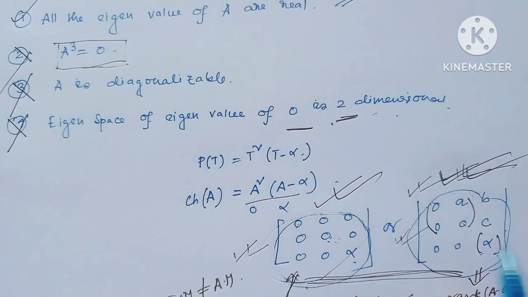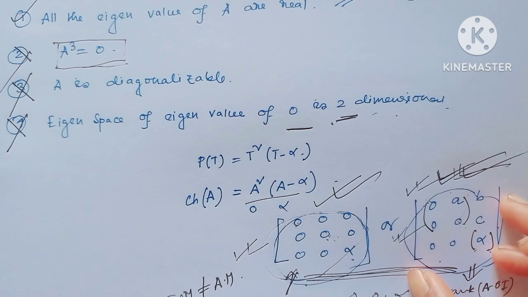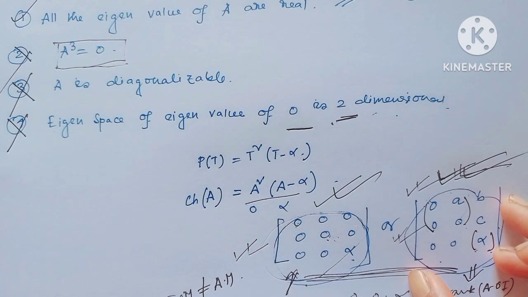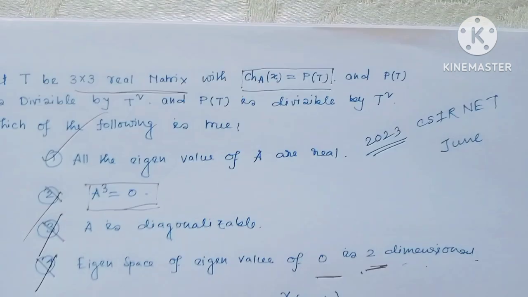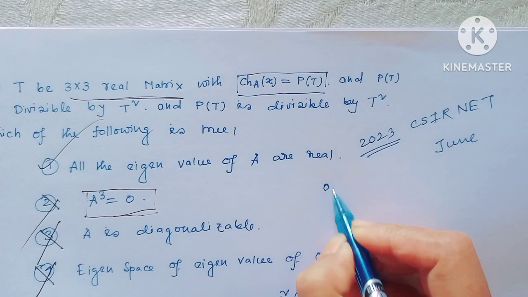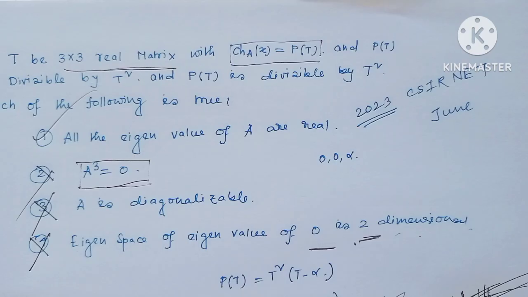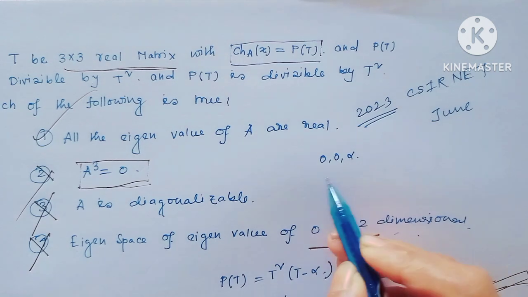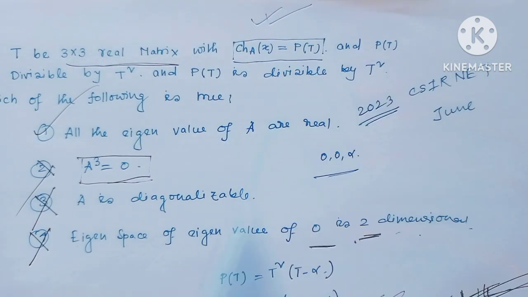So if you don't take this type of matrix, all options would be false. So in this question, when the eigenvalues are of the type 0, 0, alpha, what can be the structure of the matrix? This is actually the main goal of this question.